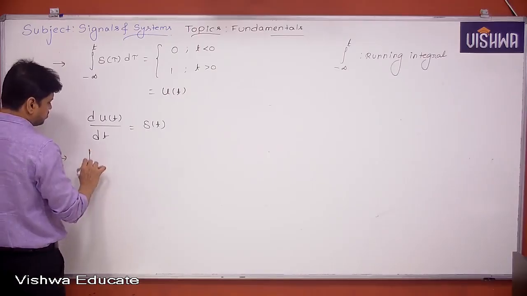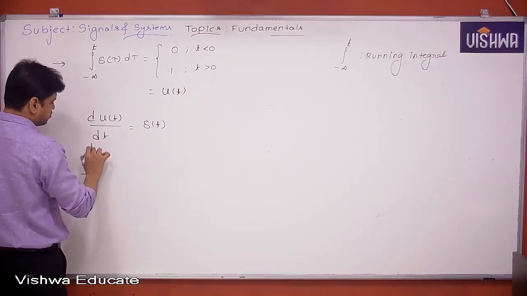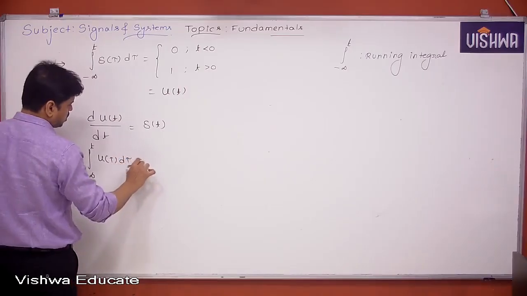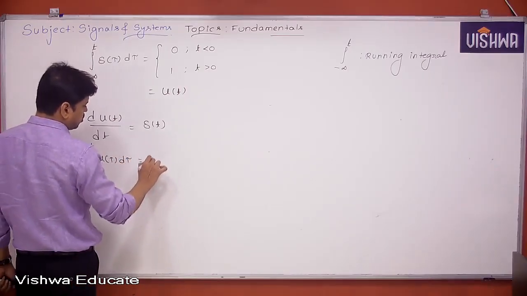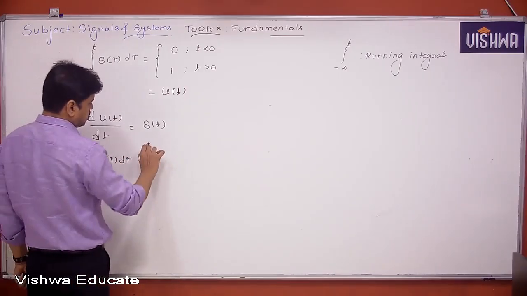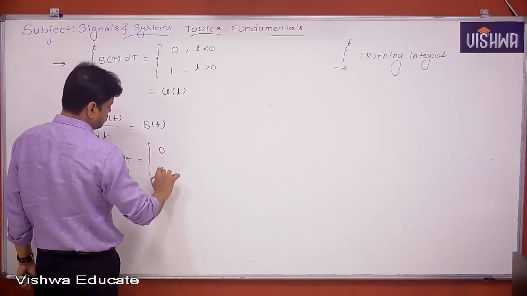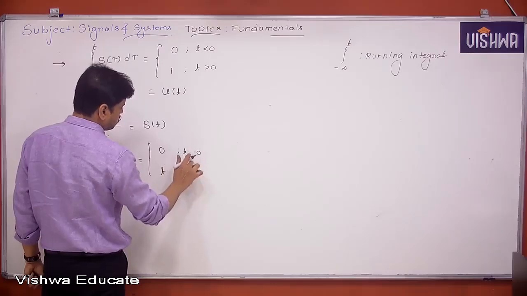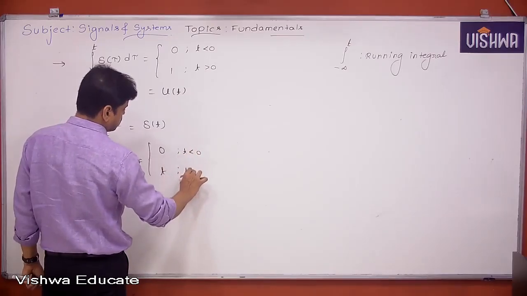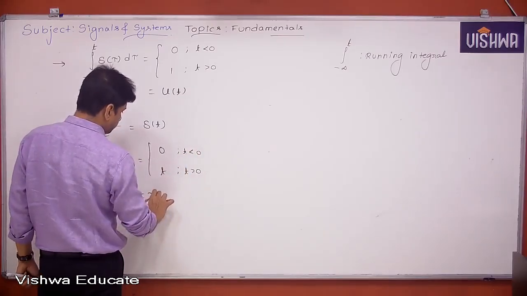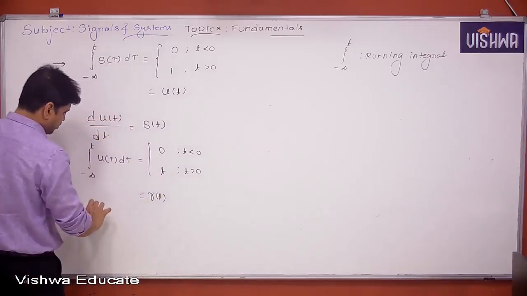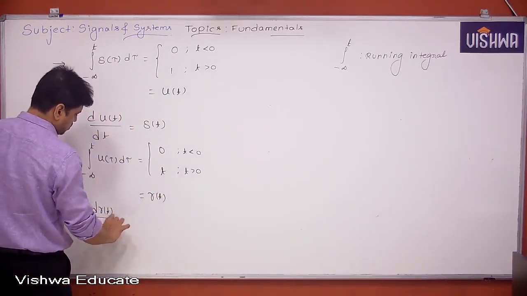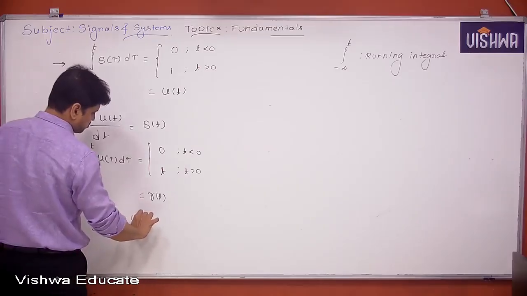Again the same thing, the running integral of u of tau d tau, its value is 0 for t less than 0 and t for t greater than 0, which is nothing but r of t. If I do the differentiation of r of t, I get u of t.